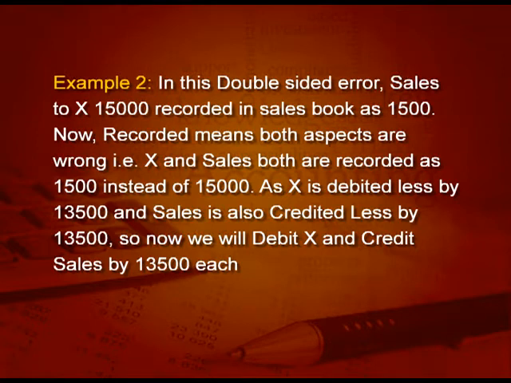What you have done is debit X 1500 and credit sale 1500. Both the aspects are less, so you put one more entry, debit X and credit sale both by 13,500. So, the wrong entry mixed with the rectification entry gives you the right effect. 1500 plus 13,500 is equal to 15,000, right.